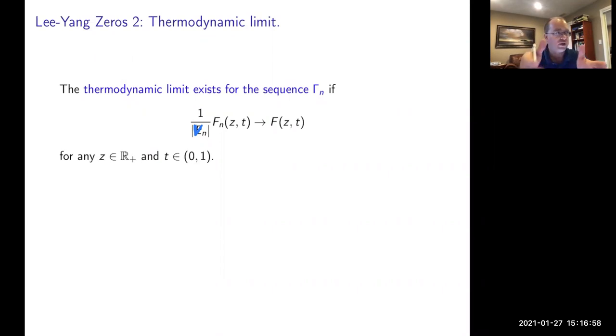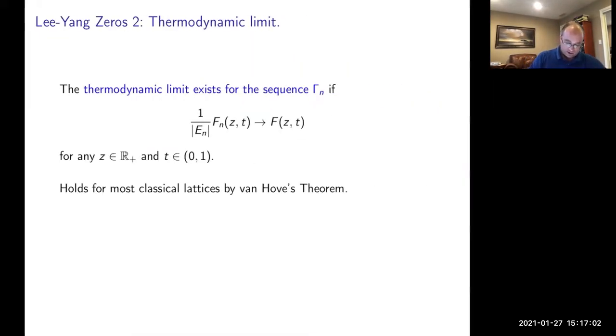This is a more standard notion of thermodynamic limit. And as Grigorchuk mentioned, this is a consequence, for many lattices, the amenable ones, of Van Hove's theorem. So there's a famous, wonderful theorem that tells you that this exists for these classical lattices.